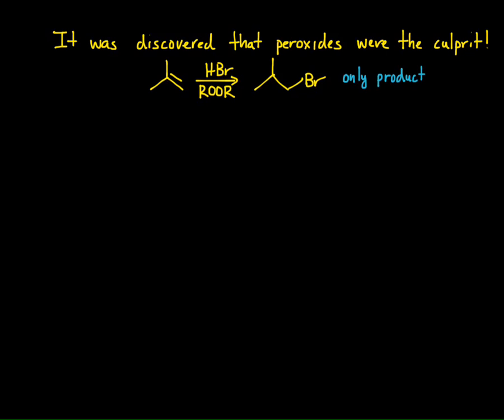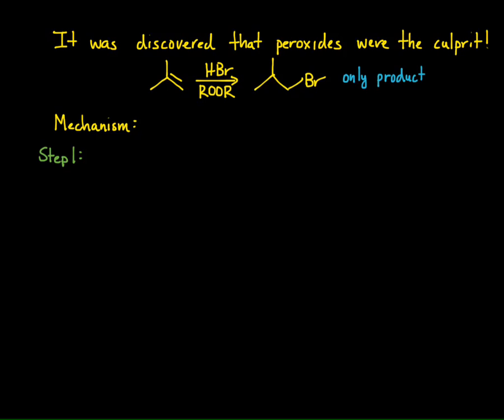And so this is when chemists went, oh, okay, this is very interesting. What's happening mechanistically to give us this anti-Markovnikov addition? And so obviously, we talked about peroxides readily forming radicals, and certainly that is the case.